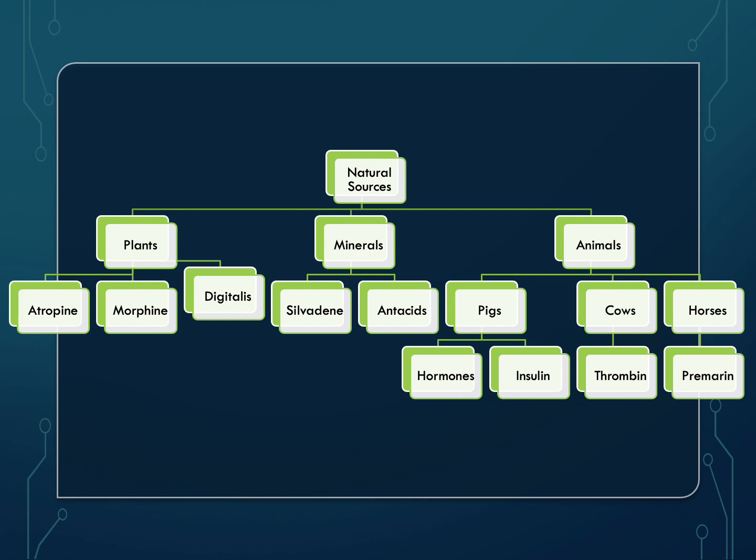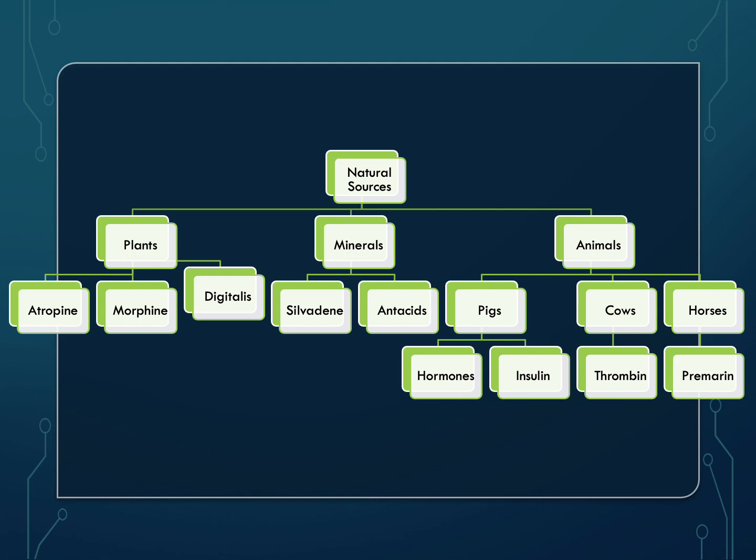There's more, of course. Let's talk a little bit about minerals. Minerals is another natural drug source often used in pharmacological agents, and two examples are Silvadene cream and antacids. Probably most of us have taken Tums or Rolaids or Mylanta or something of that sort.